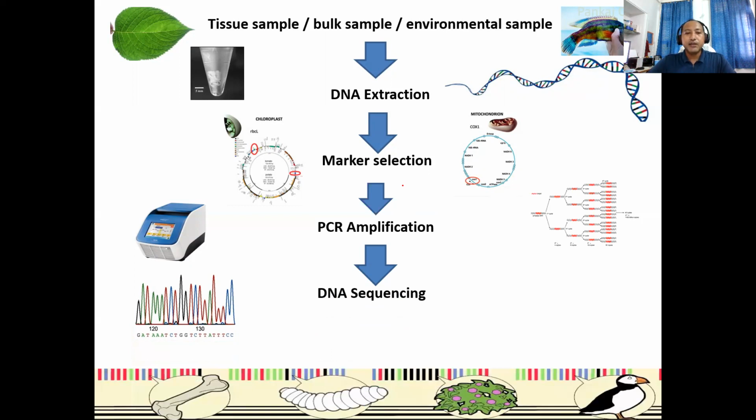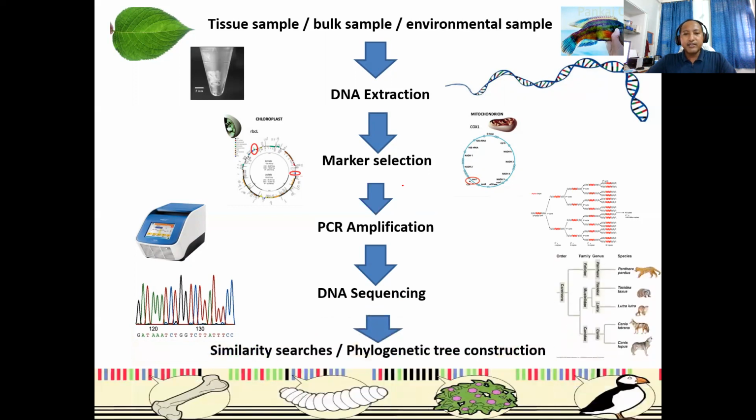Then after DNA sequencing, the sequences are obtained, and after obtaining the sequence, we can go for similarity searches, like you can perform BLAST against your GenBank database. GenBank is a very popular database which stores the nucleic acid sequence.